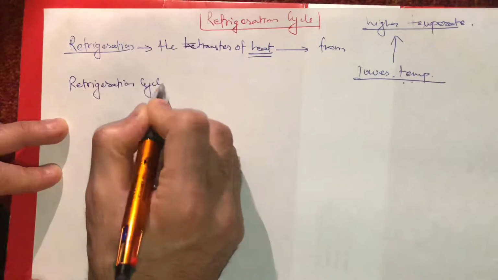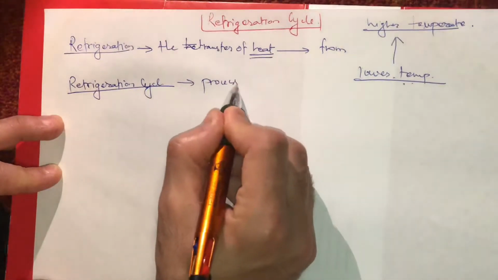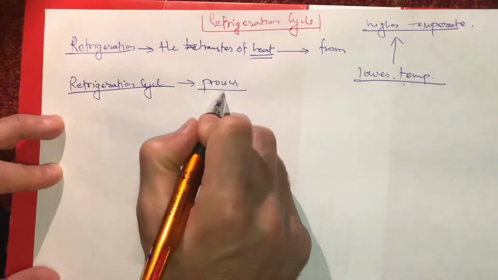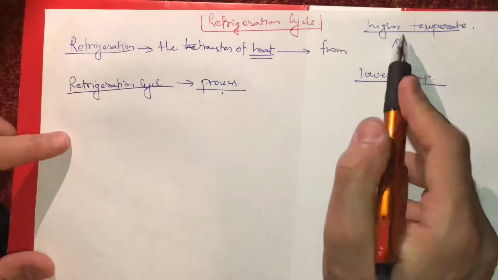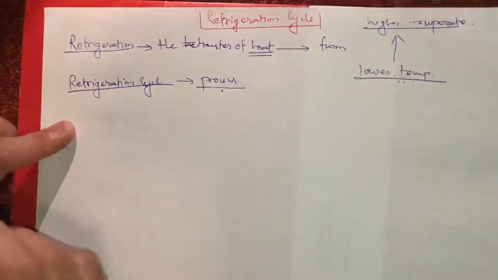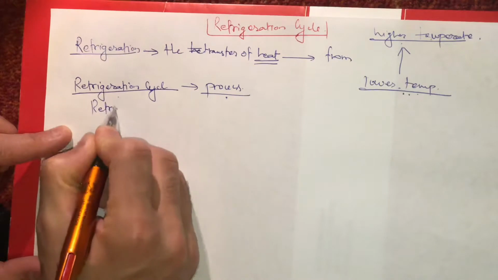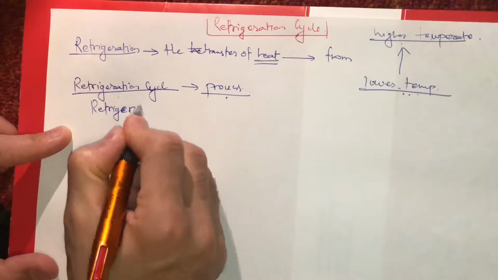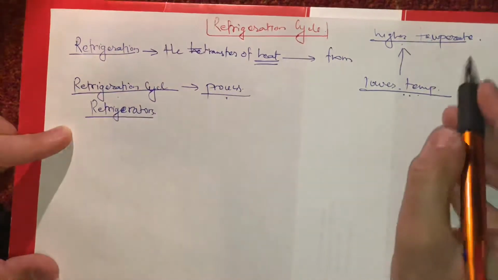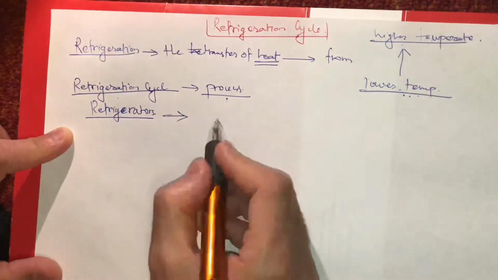It is the process in which heat transfers from a lower temperature region to a higher temperature one. The device which operates such processes are called refrigerators.